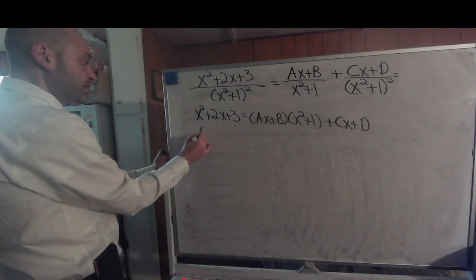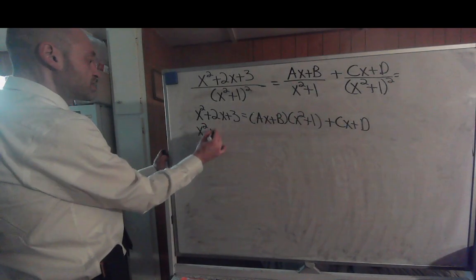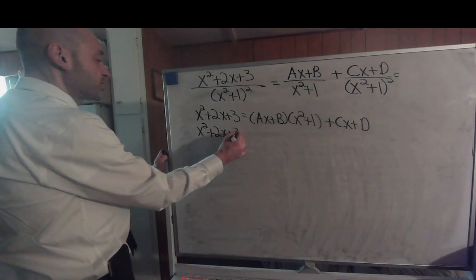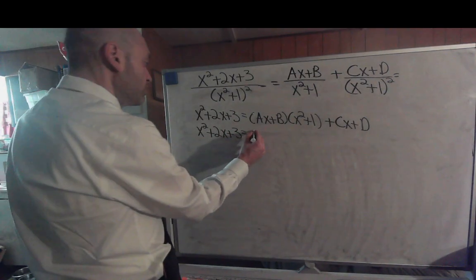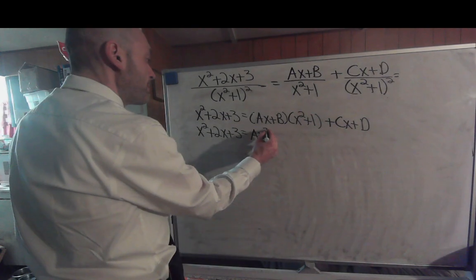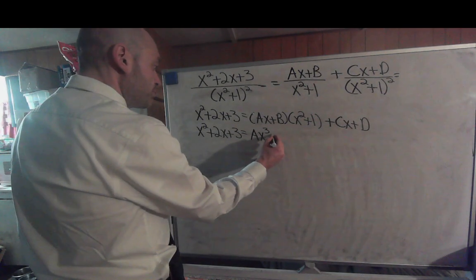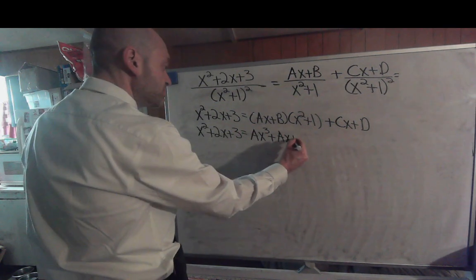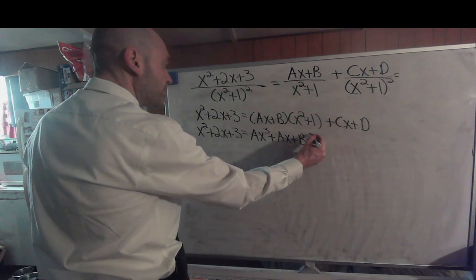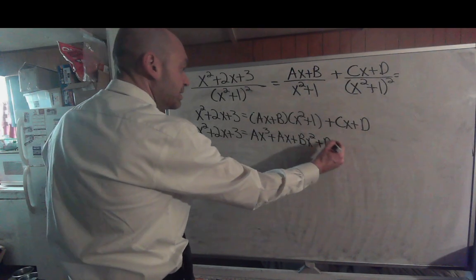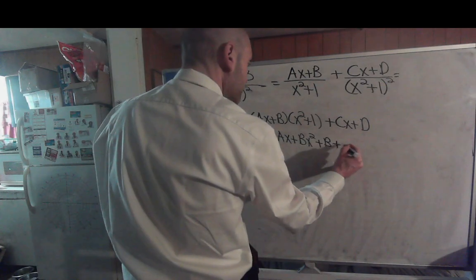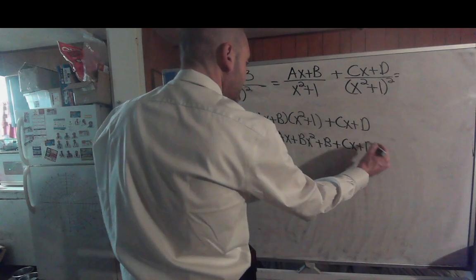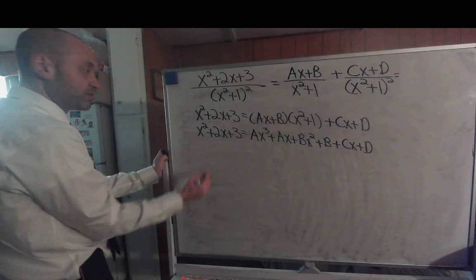So let's expand the right-hand side first. That'd be x squared plus 2x plus 3 would equal ax to the third plus ax to the first plus bx squared plus b plus cx plus d. And then, of course, bring your like terms together.